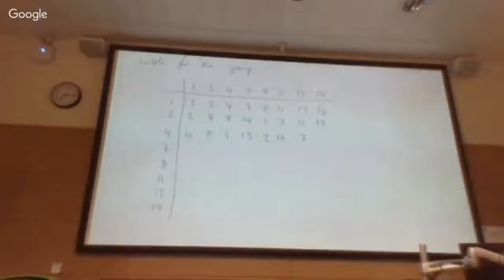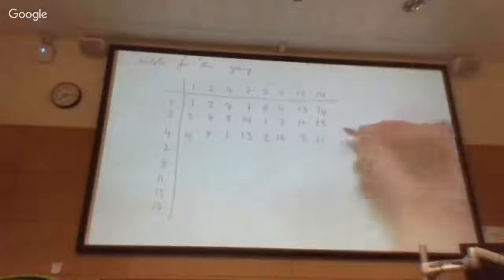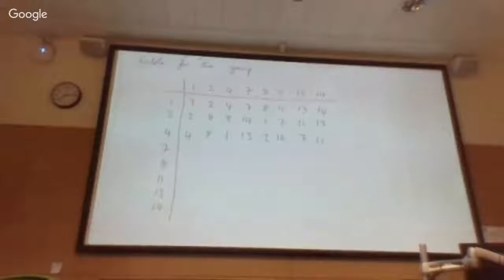And the only one remaining is 11, so it has to be 11. 4 by 14 is, what is it, 56. And 56 is 11 greater than 45, which is a multiple of 15.